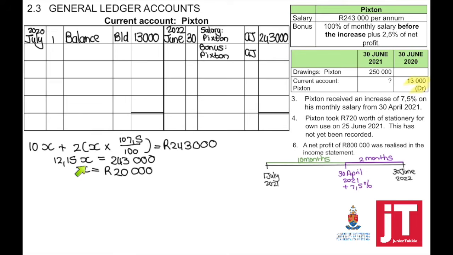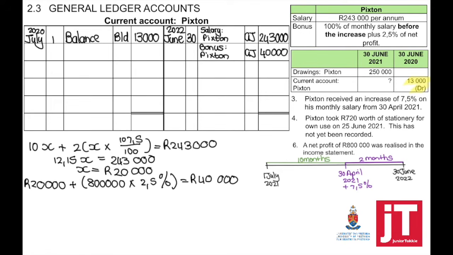So to get x alone, we have to take 243,000 divided by 12.15x because that would have been divided by 12.15. A little bit of mathematics in here. So what is x equal to? 20,000. This provides us with the amount before the increase, and that's what I want.